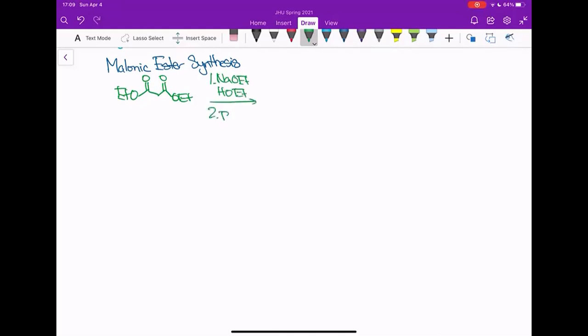And then in this case, we're going to do an alkylation. So we'll be attacking an R group attached to a good leaving group, such as Br, and then your acid quench. And then the product that you'll form after this is a carboxylic acid combined with that R group.